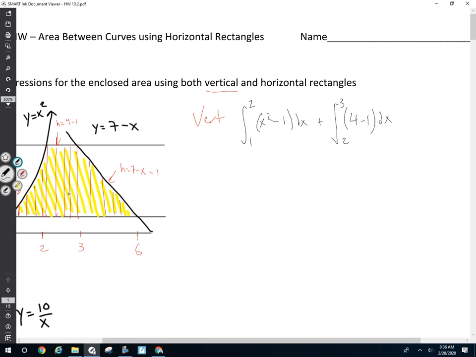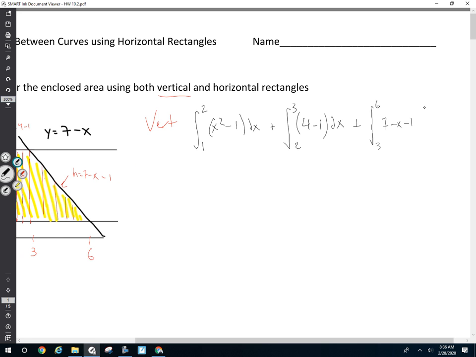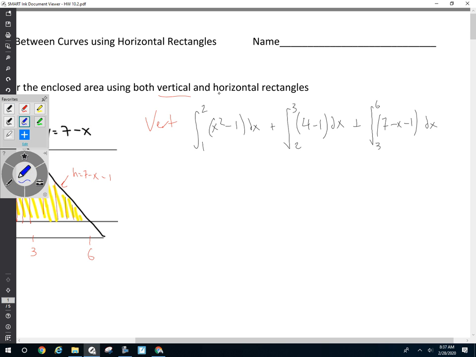I could use geometry from 2 to 3, but whatever. And then from 3 to 6, I have the 7 minus x minus 1 heights. Gosh, that is very, very involved, which is why in some situations using horizontal rectangles will be advantageous.